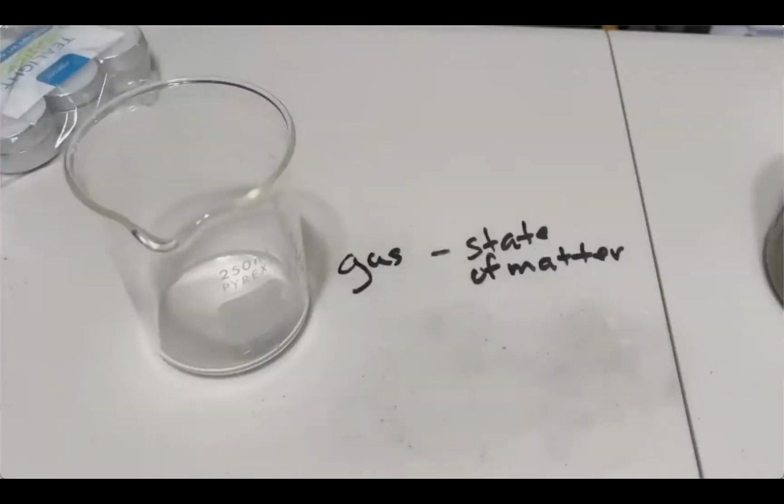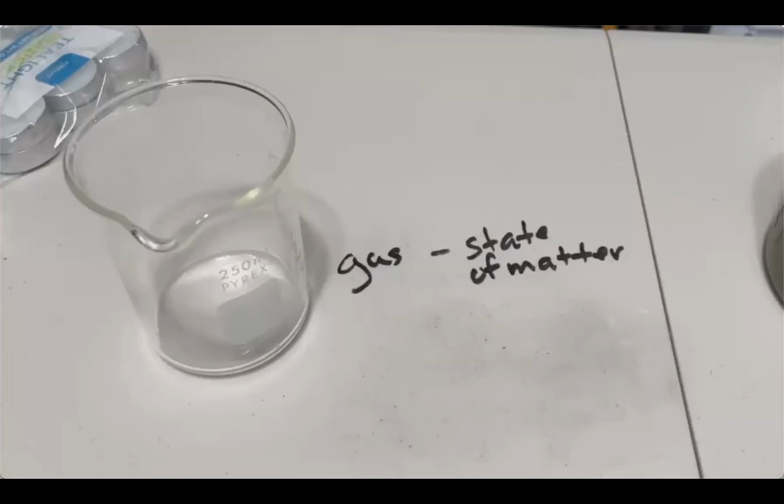And lastly, we have gases. Now, gases do not have a fixed volume or shape, and most gases you cannot see. So all around you is water vapor, things like oxygen and nitrogen, and you can't really see them.